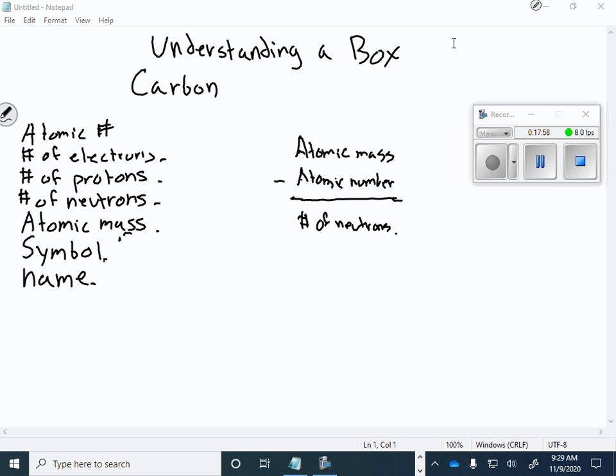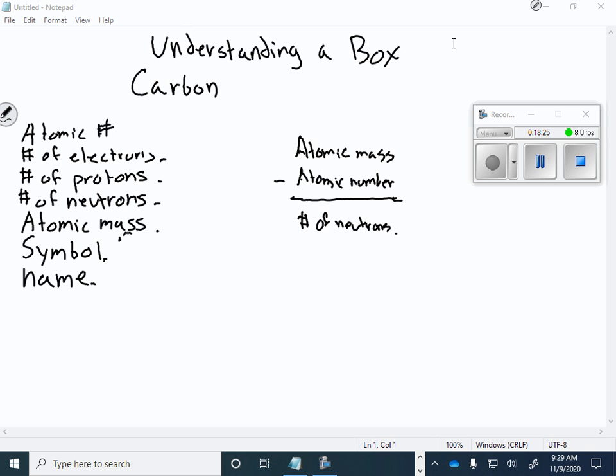Let's see. Did we find carbon already? Carbon is 6. Yeah, very good. And so you knew it was 6 because the top number is always the atomic number.